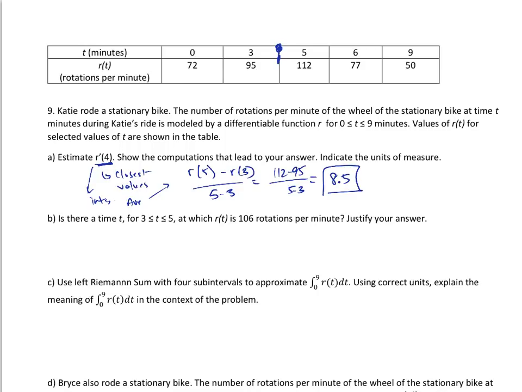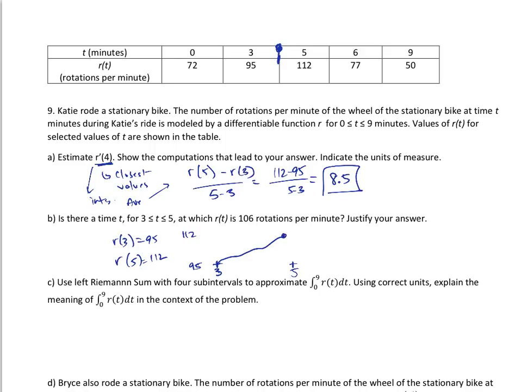Okay, for part B, it says, is there a time at which r of t, from 3 to 5, is 106 rotations? Well, let's take a look. R of 3 is 95. R of 5 is 112. If I'm going from this point at 3 to here at 5, and however I connect it, this is a lower value, this is a higher value.